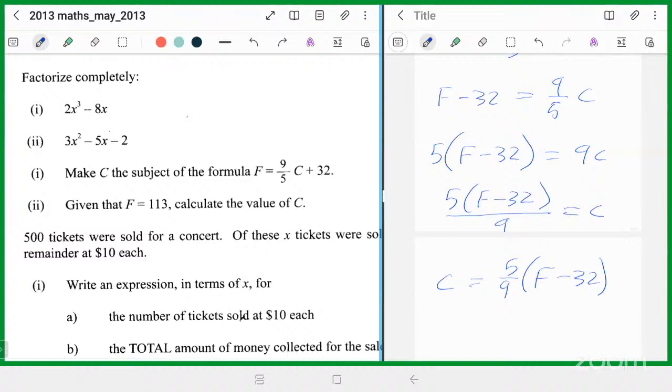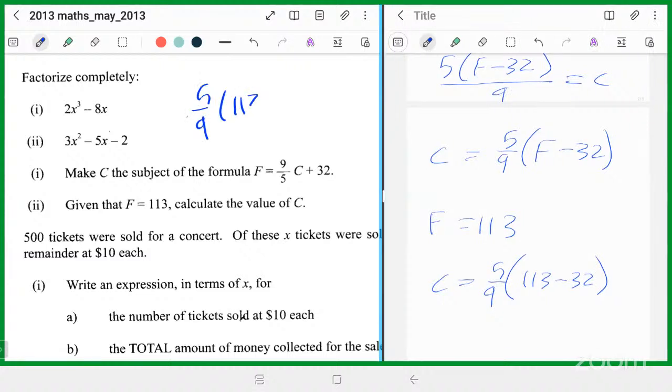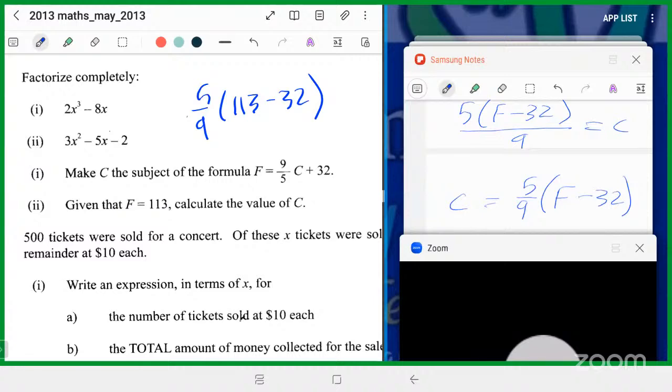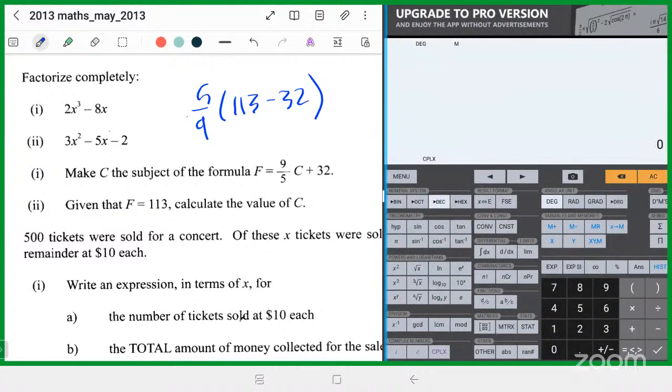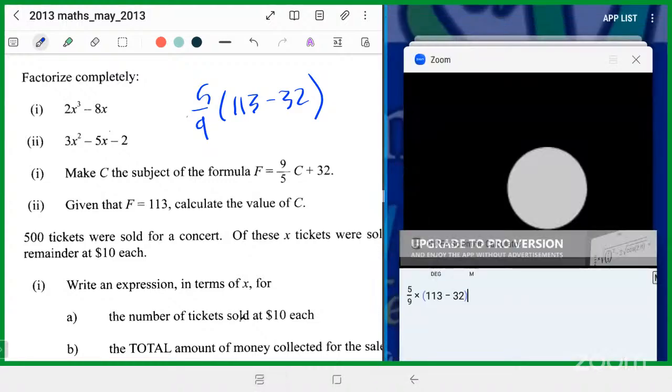So we are going to be using this form of the formula. When F is 113, put 113 right here: C becomes 5/9 bracket 113 minus 32. That gives 45.